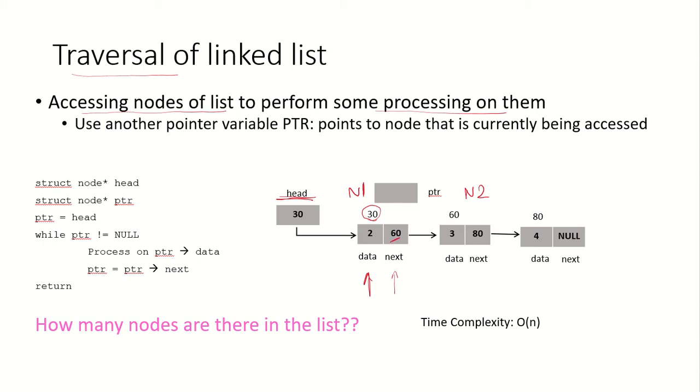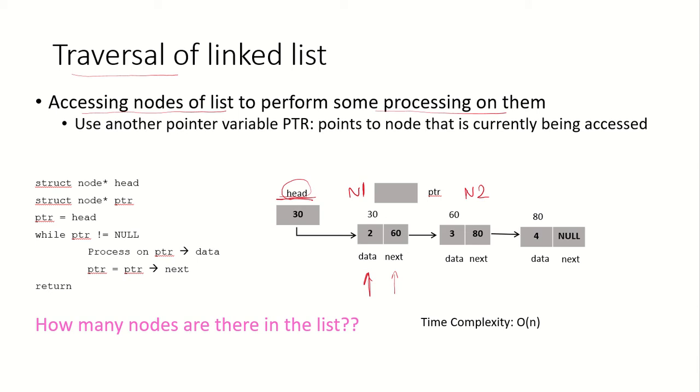So should we update the head pointer with the value of the address of node 2? If we do so, we will be losing the address of the first node. So we should never update or change the value of the head pointer variable.